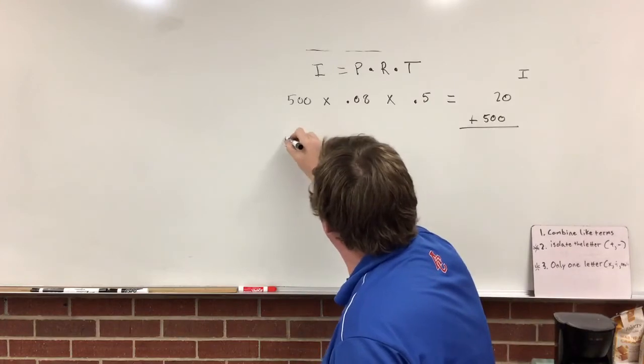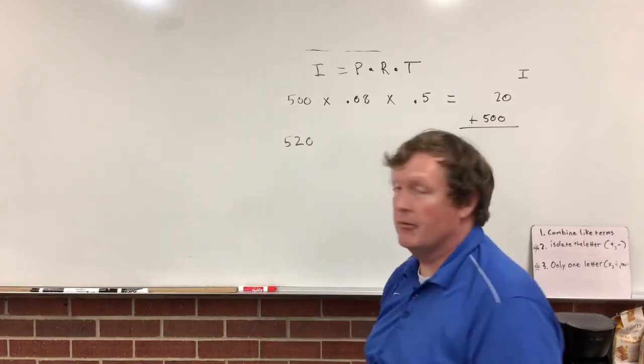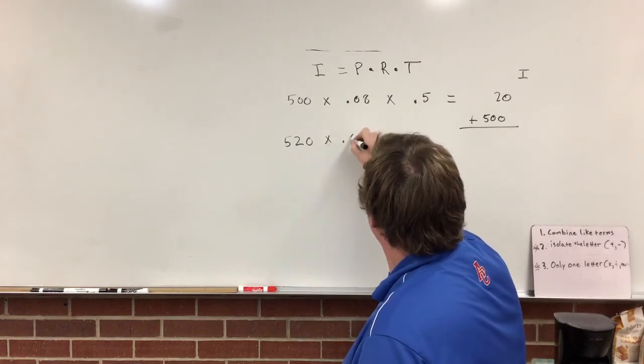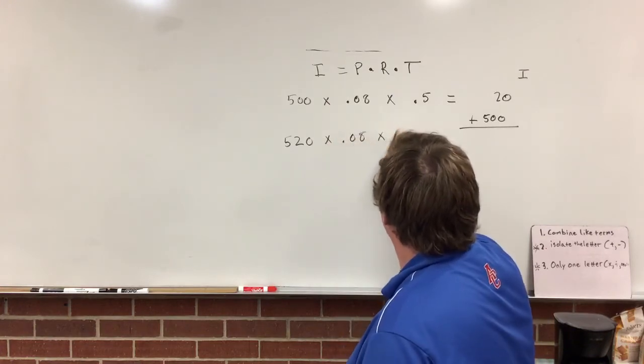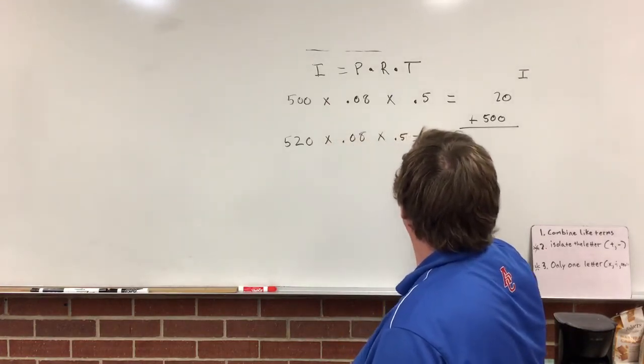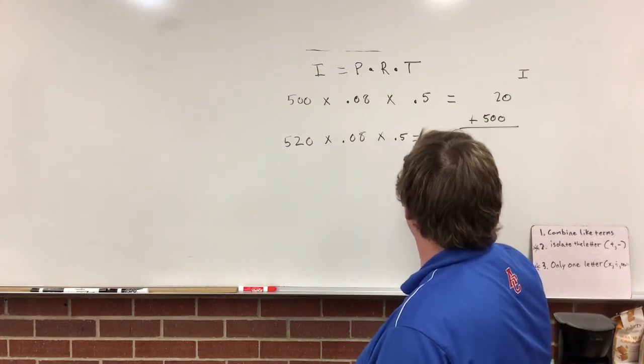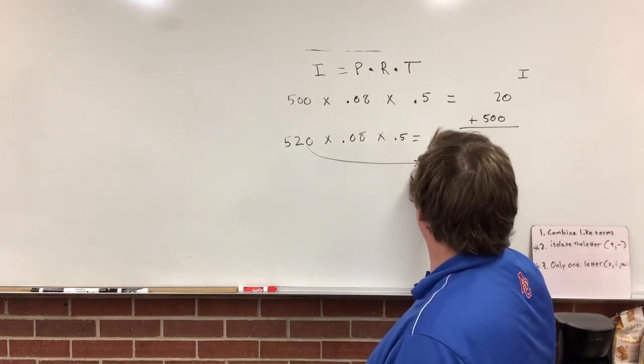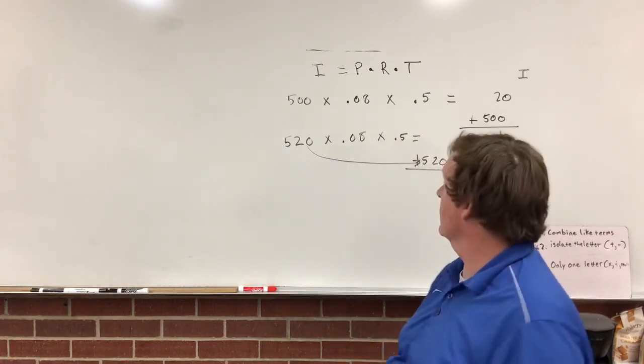So my new principal becomes 520. And we do this all again, times 0.08 times 0.5. It gives me an interest, and then I'm going to add it back to my new principal.